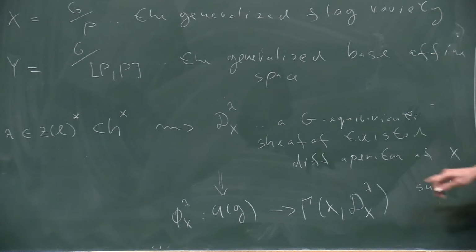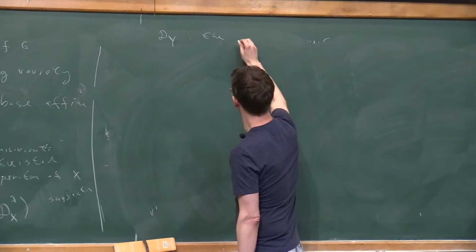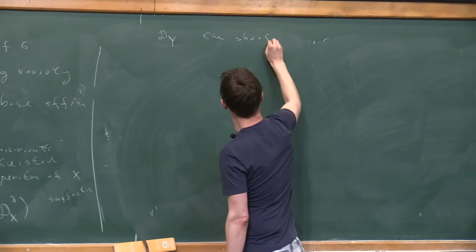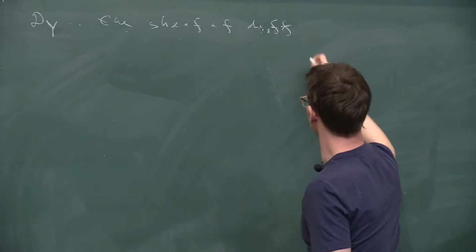I can do the same for the generalized base affine space. On it I will consider the usual sheaf of differential operators, so it is not twisted.